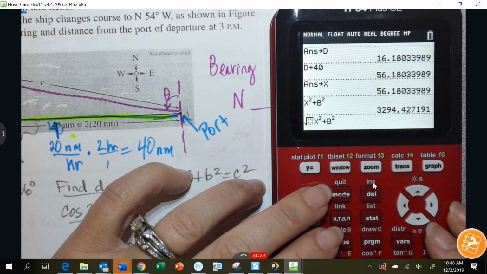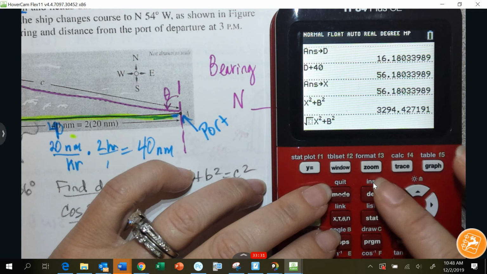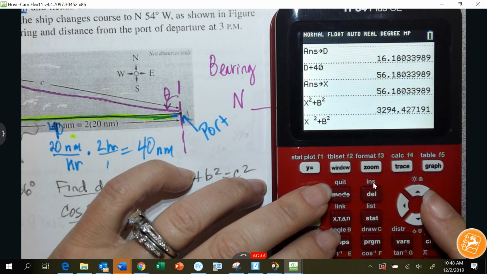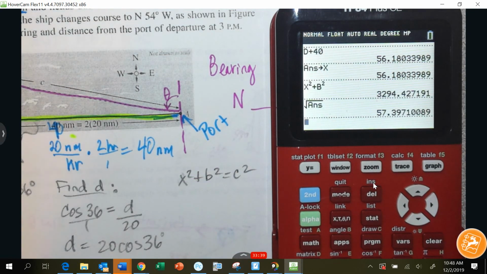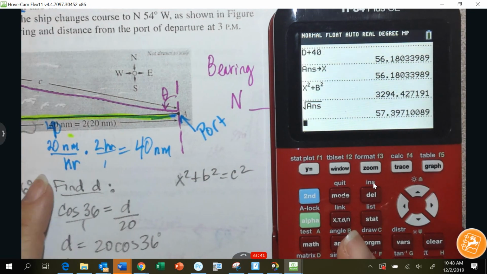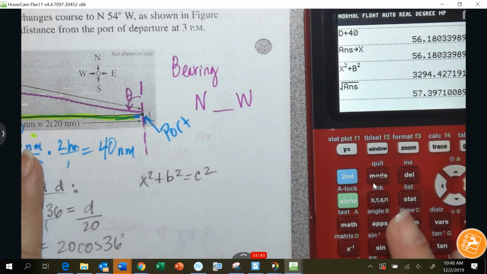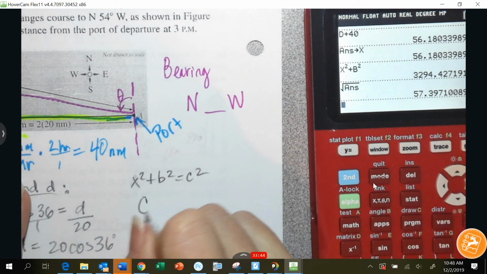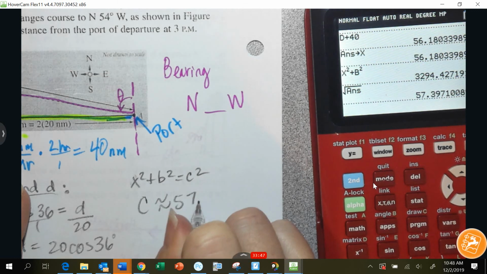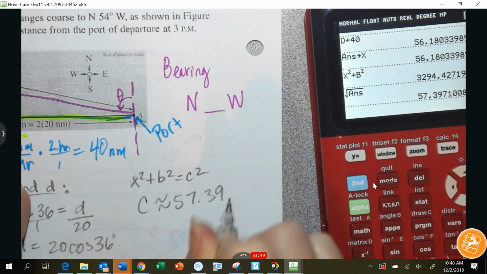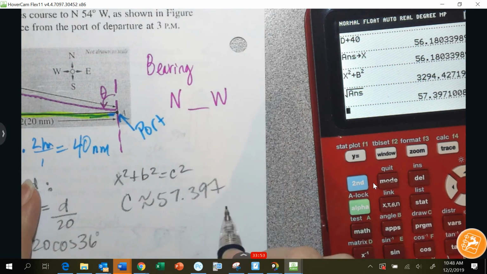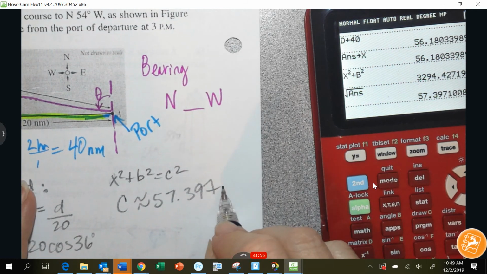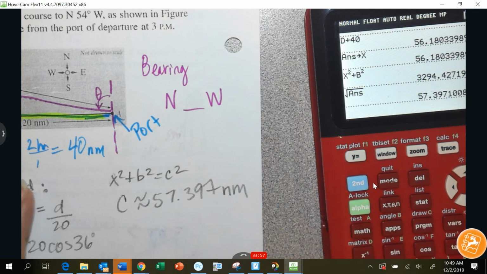Nope, that didn't work. And I got C to be about 57.397 nautical miles.